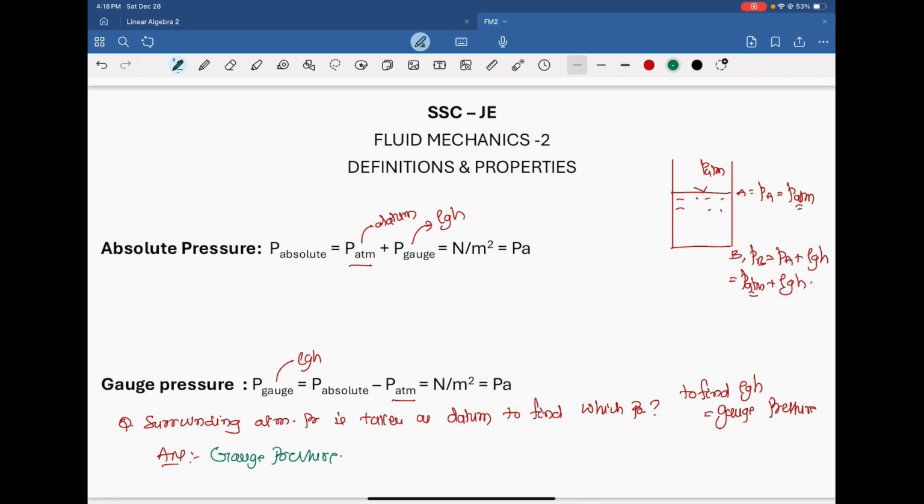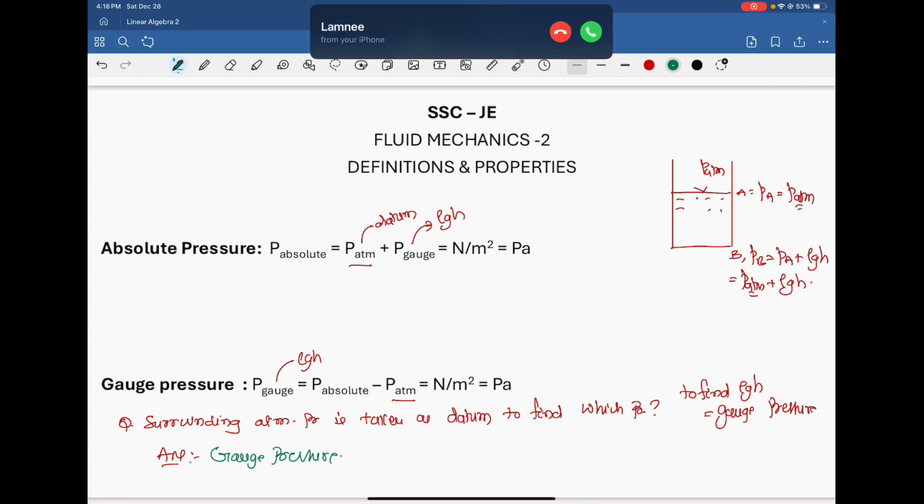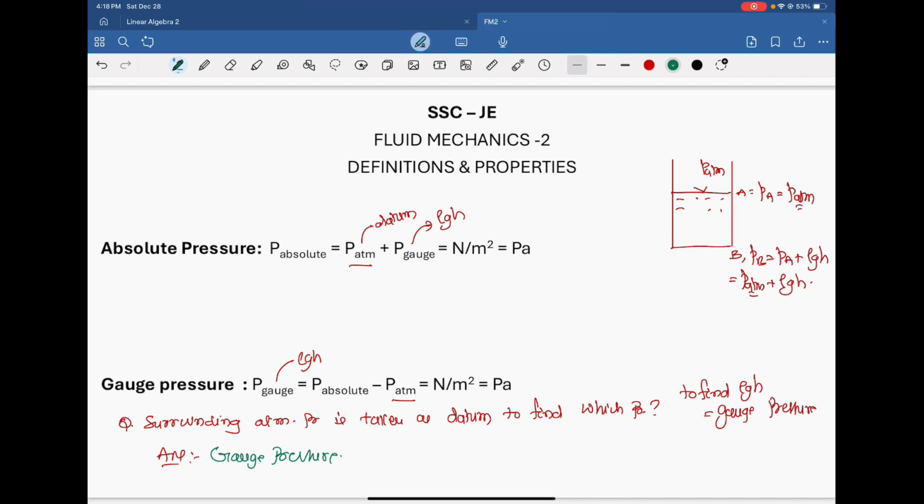The pressure you use is gauge pressure. These are the 2-3 questions asked.